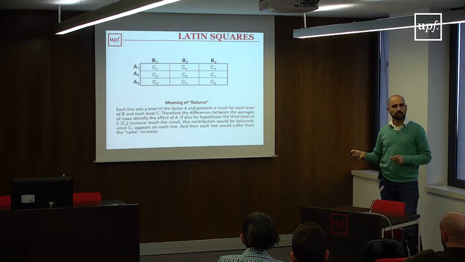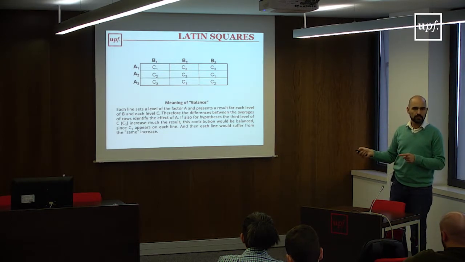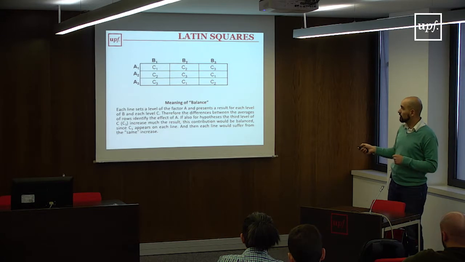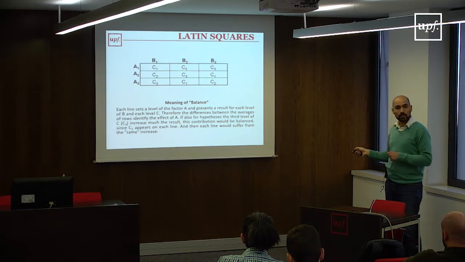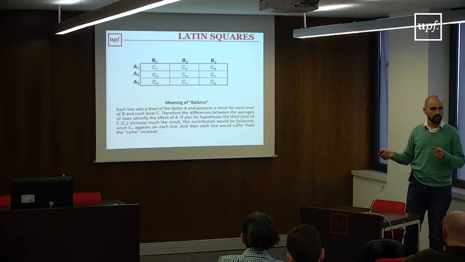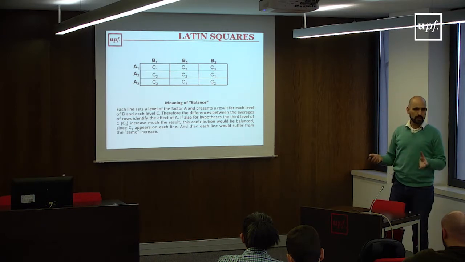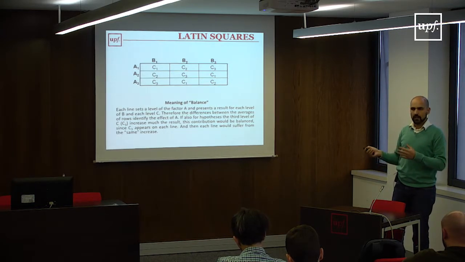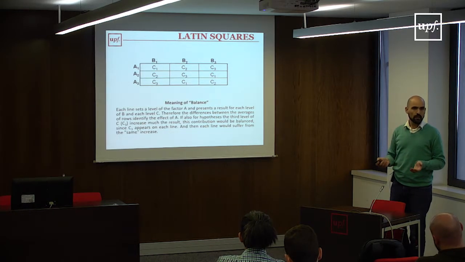So it will not influence the analysis of factor A. It will neither influence the analysis of factor B because we have C3 in each of the columns only once. So we say this plan is balanced. The only analysis that will be affected will be the analysis of factor C, as it has to be.